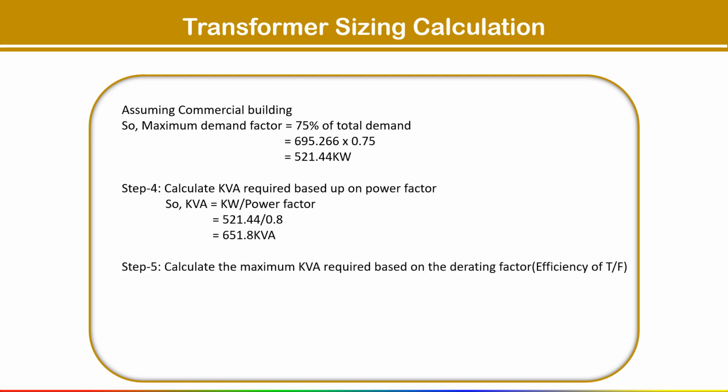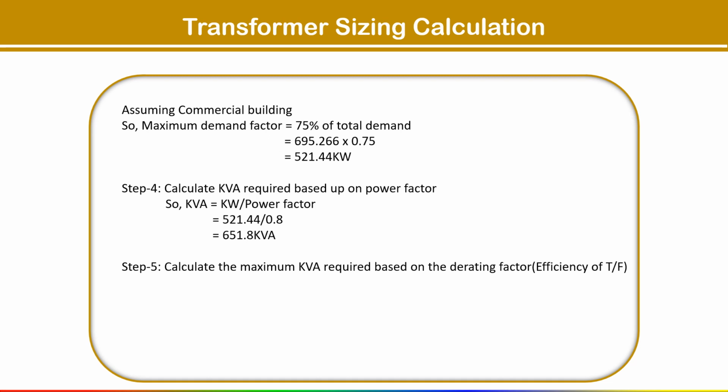Now we have to calculate the maximum kVA required based on the derating factor. So what is actually the derating factor for a transformer? Try to understand. The derating factor for a transformer is a correction factor applied to its rated capacity to account for various operating conditions that may deviate from standard or ideal conditions.